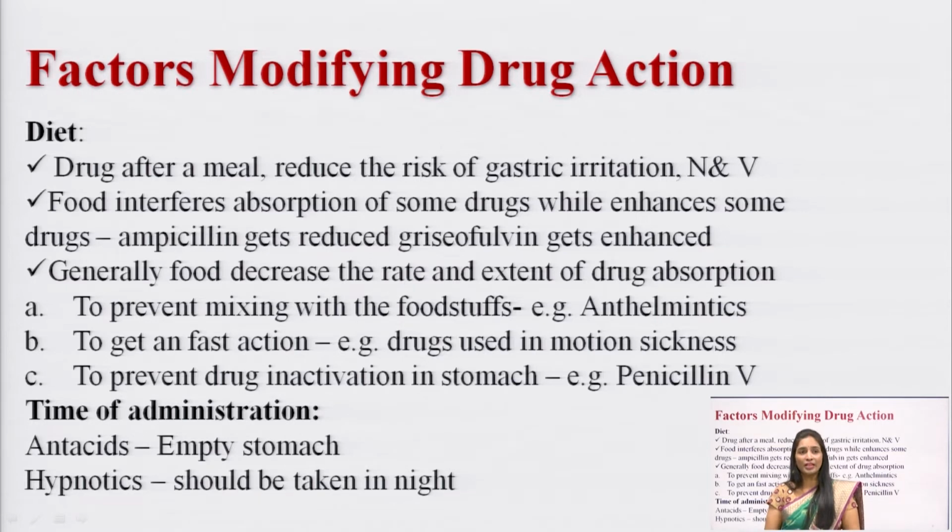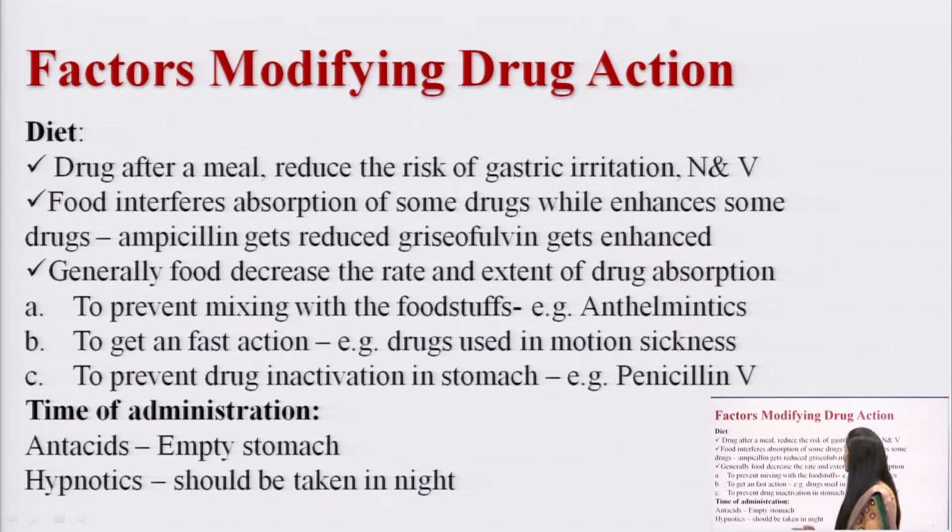So, for example, take ampicillin. What happens when I administer ampicillin with food? When I take ampicillin after food, it reduces the absorption. And if I take glucinoflavin, the drug absorption is increased.